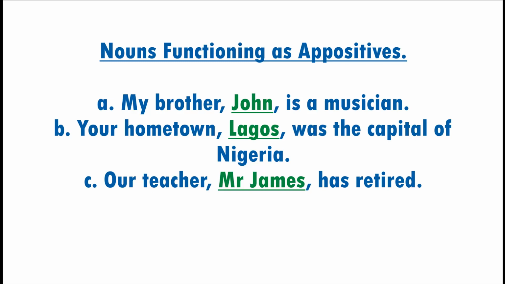Your hometown, Lagos, was the capital of Nigeria. So Lagos is an appositive to your hometown. Our teacher, Mr. James, has retired. Mr. James is an apposition to our teacher. So because it's just more explanation, more information, the same person mentioned using another noun.